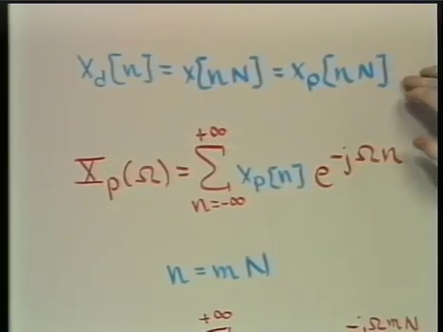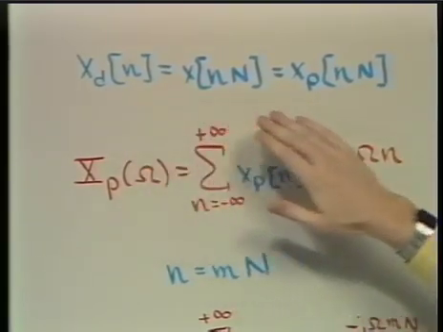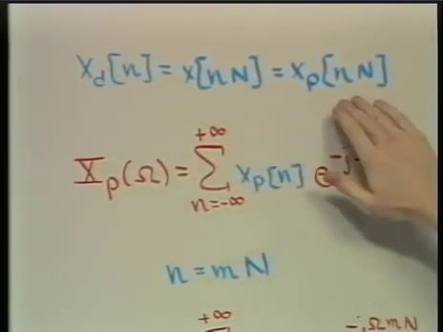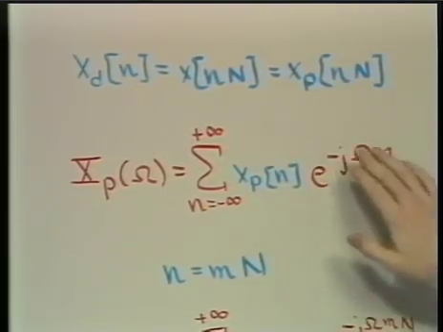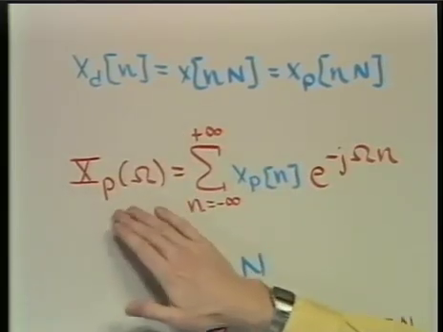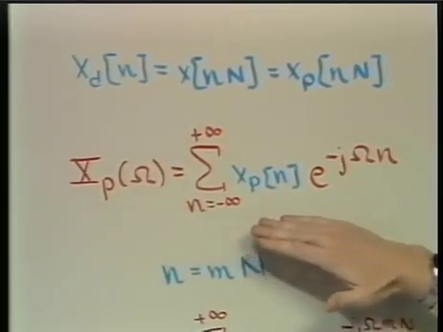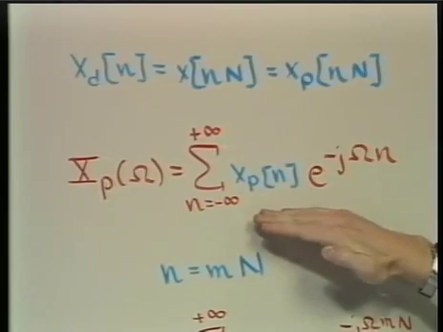here we have then the relationship between the decimated sequence, the original sequence, and the sampled sequence. And we know, of course, that the Fourier transform of the sampled sequence is just simply this summation.